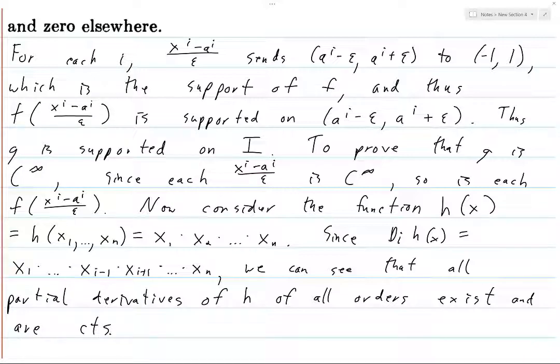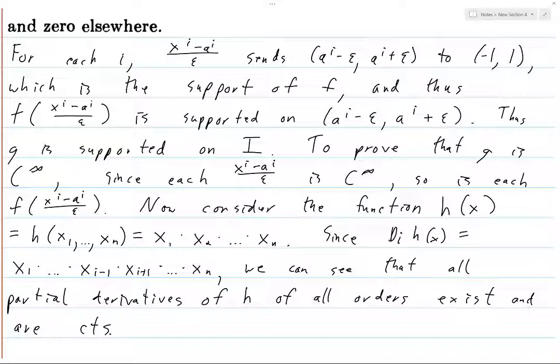Eventually, if you take enough partial derivatives, you'll get 0, because if you take d1 of d2 of d3 of and so on up to dn of h, you'll be left with 1, because you'll have canceled out every single xi term. And if you take the partial derivative of the constant function 1 with respect to any variable, you'll get 0. And 0 is C infinity. So the whole thing is C infinity.